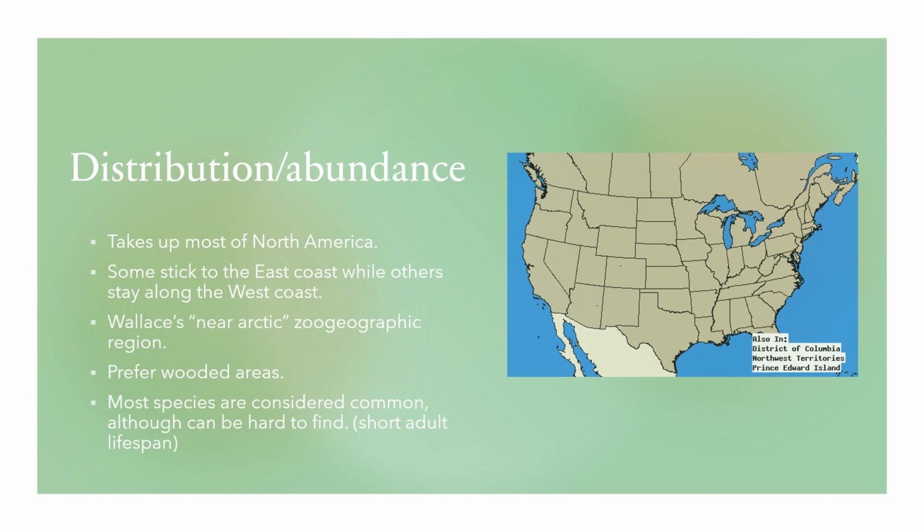Alright, next up we've got some distribution and abundance. As you can kind of see in this picture over to the right here, they take up most of North America. Some stick to the east coast, others will go along the west coast, depending on the species. I'll talk a bit more about that in a minute. Basically, they all live in Wallace's Nearctic zoogeographic region that we learned about earlier in the course.